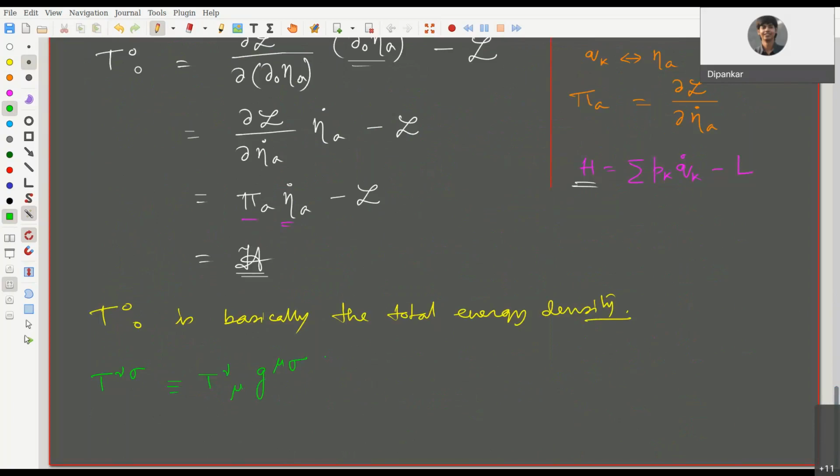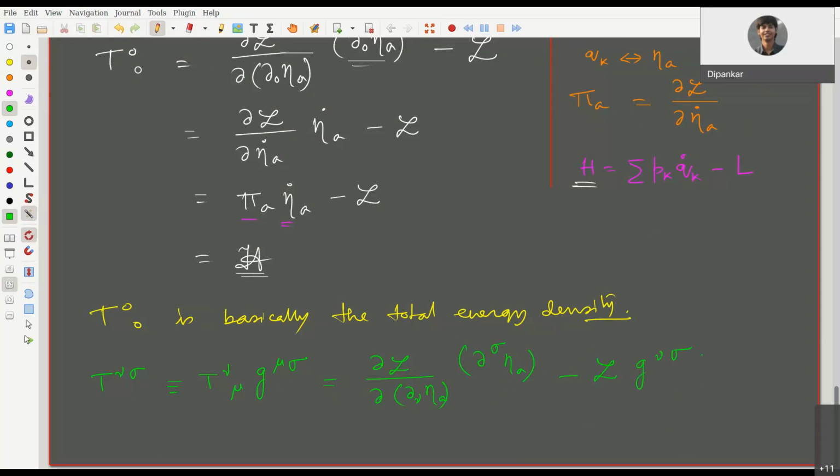So you multiply T mu nu by G mu sigma, and you get T nu sigma, which is just equal to del L over del nu eta A times del sigma eta A, minus L times G nu sigma.